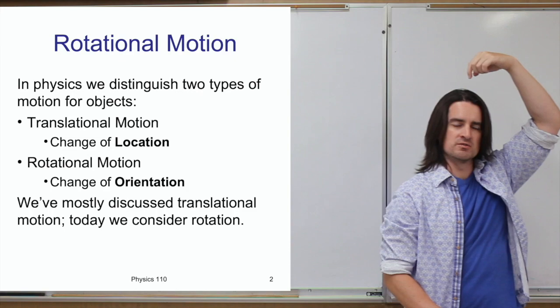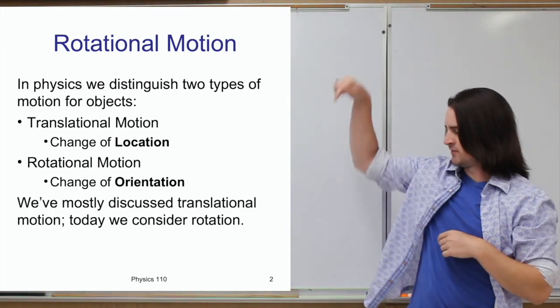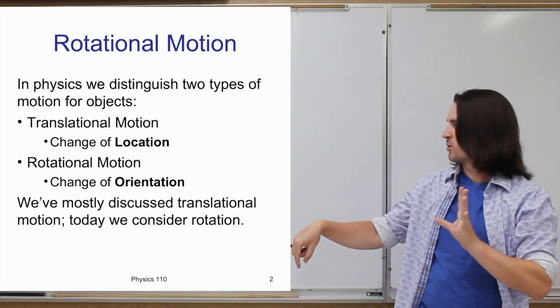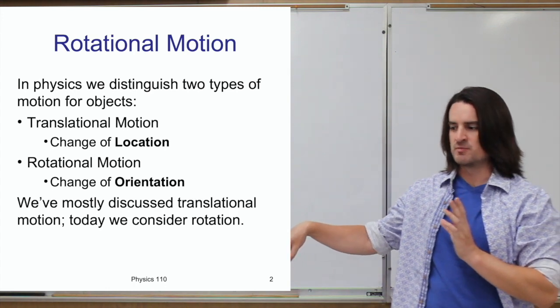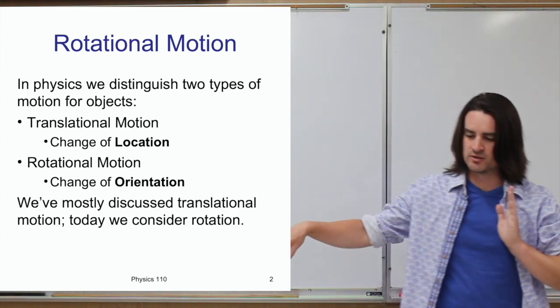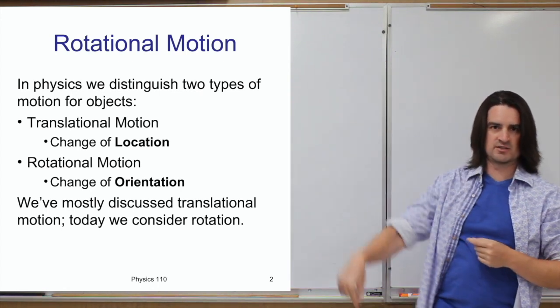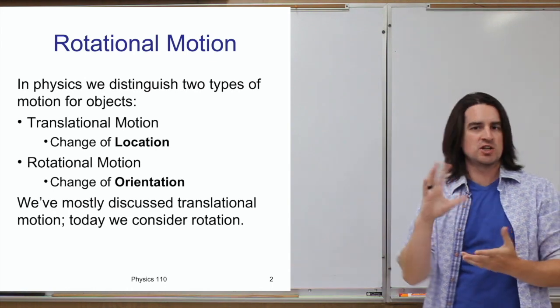So that's a rotation. However, if that line was, say, up and down right over here, and I changed my orientation on that line, it wouldn't look like me just turning around, it would look like me going around in a circle. I would follow a circular path around this axis. So whenever we're talking about rotational motion, it's always changing orientation.